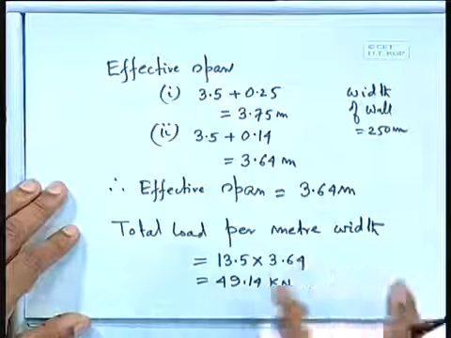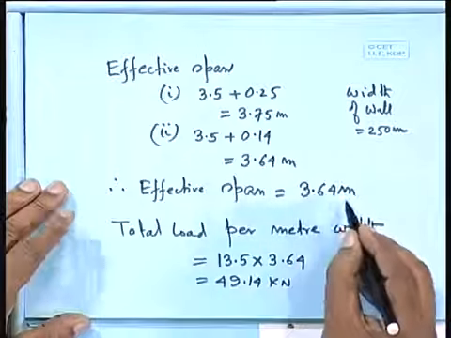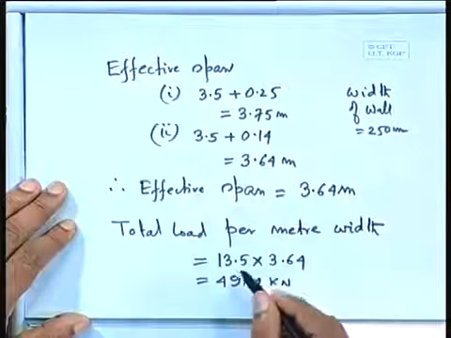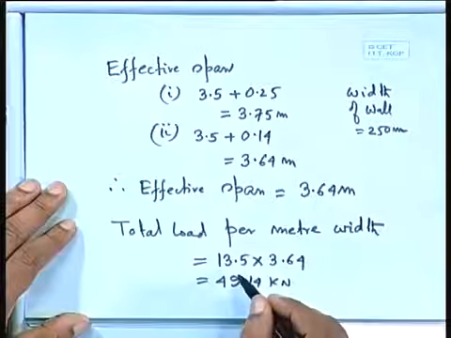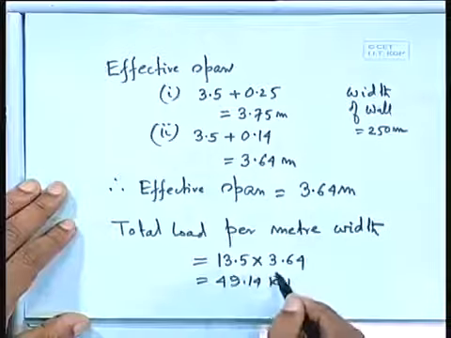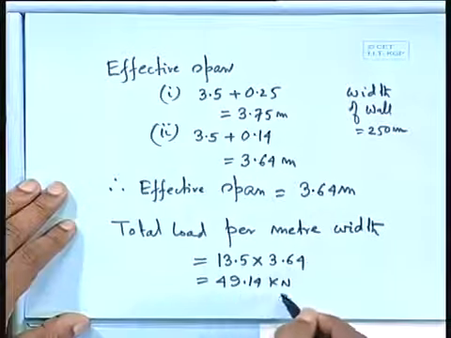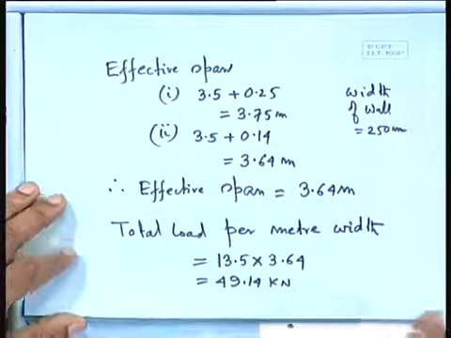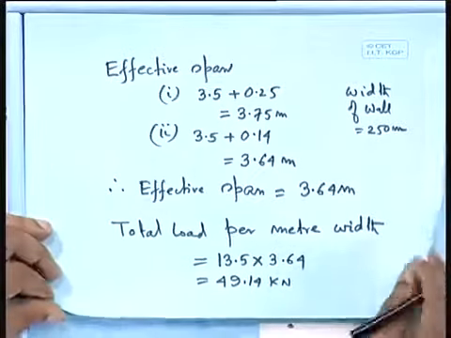We are talking about the total load. So, 3.64 is the span and 13.5 kilonewton per square meter is the factored load or design load. So, 13.5 times 3.64 comes as 49.14 kilonewton. Okay.